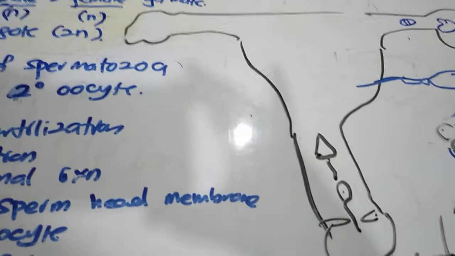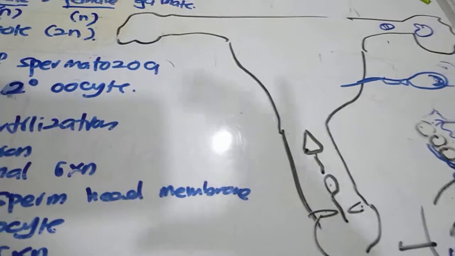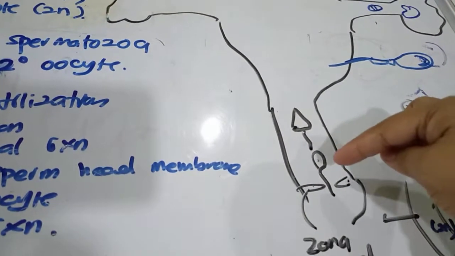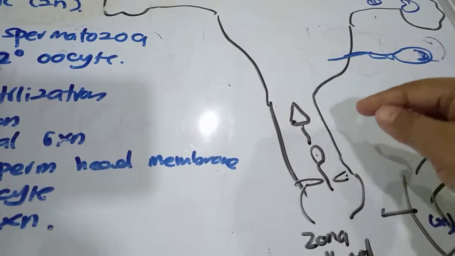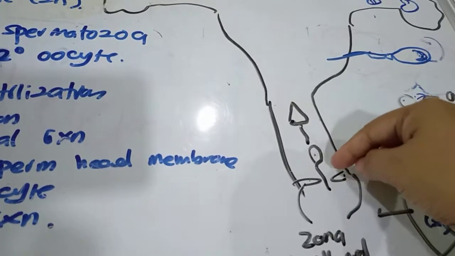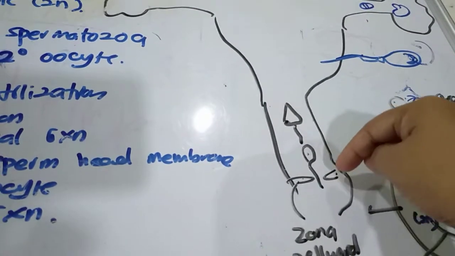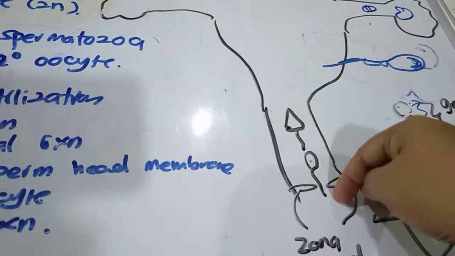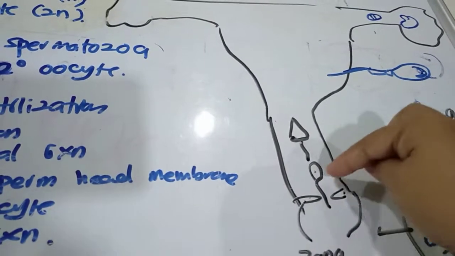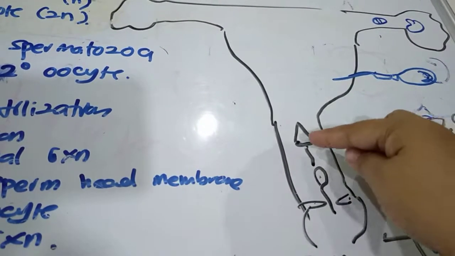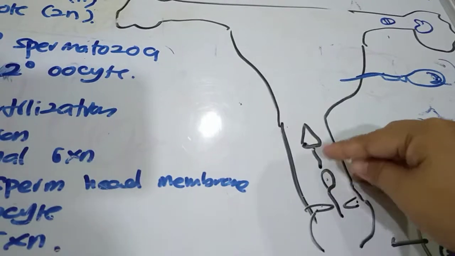Okay. Once sperm is ejaculated into the female reproductive tract, so this is the vagina and this is the cervix. So the cervix will secrete a mucus. So actually, the mucus will cause the sperm to undergo differentiation. So look at the sperm head.